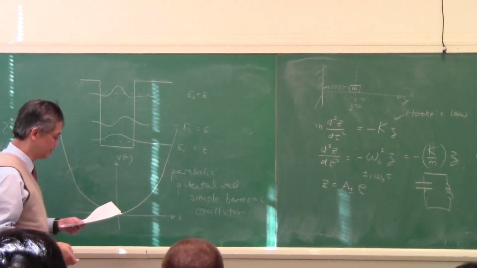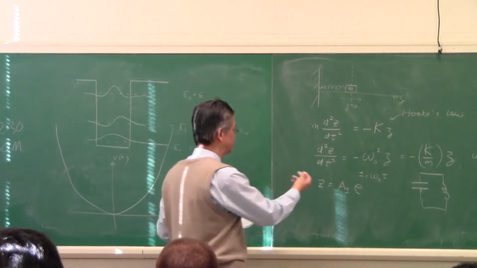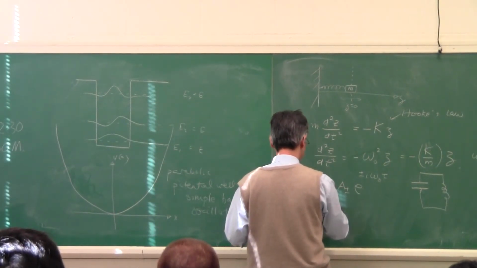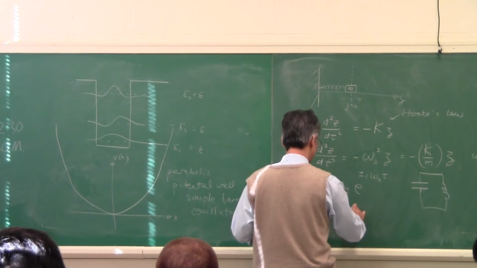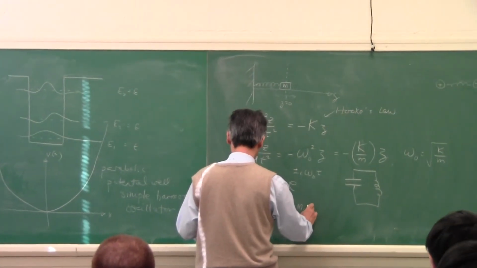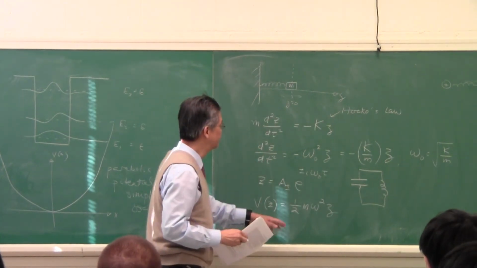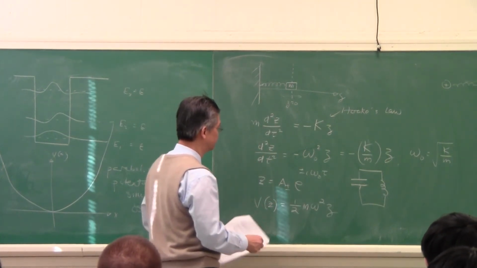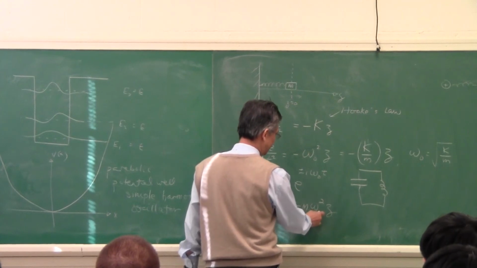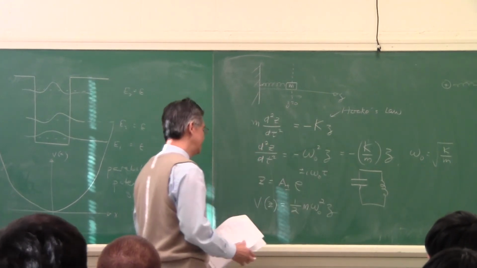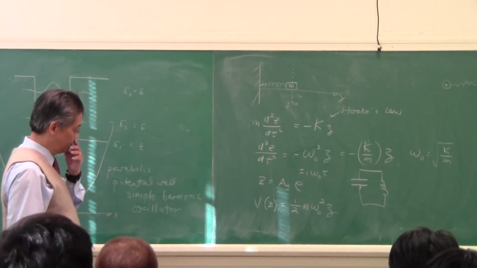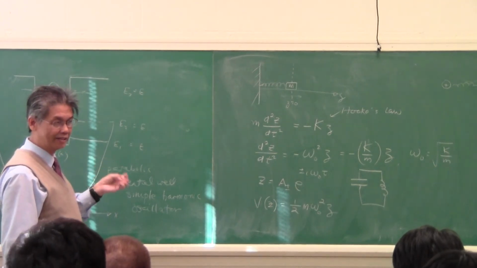So if you look at the potential that we should have in classical mechanics, it is this potential over here. Omega naught is the oscillation frequency of the classical spring.